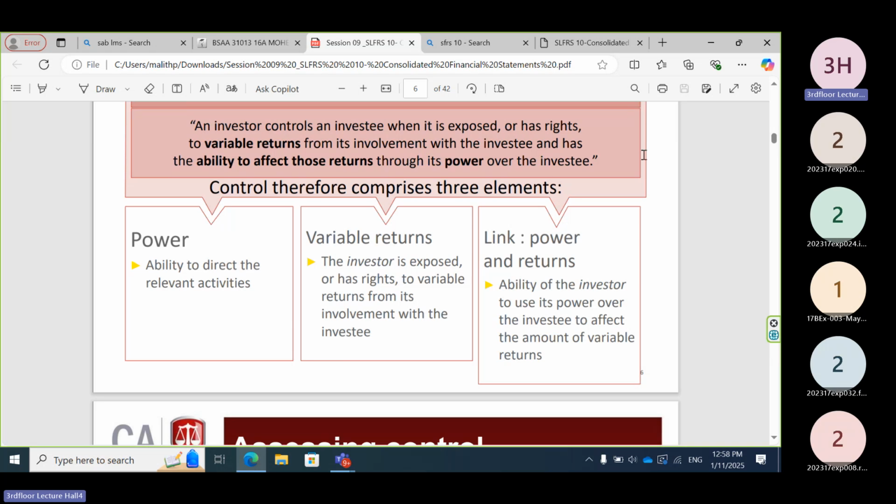If you lose that control at some point of time, from that point onwards we can't do consolidation. To do the consolidation, we should have subsidiaries and a group, in line with the standard, plus we need to keep the control over the entity for the period of time.